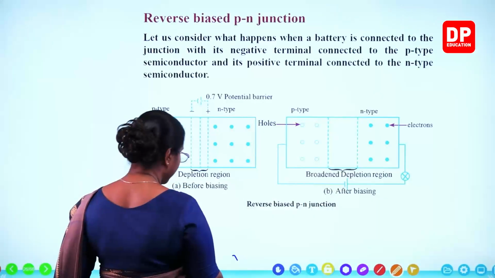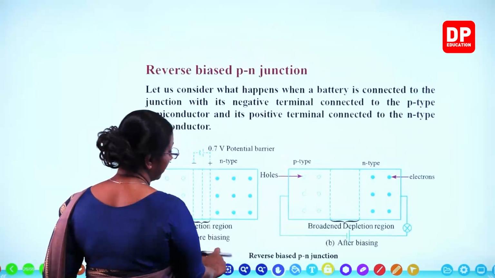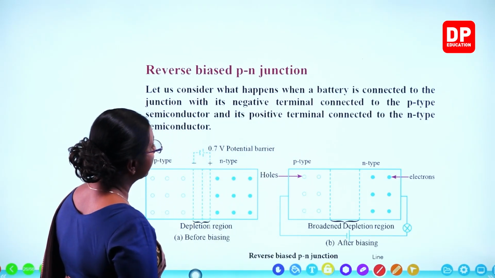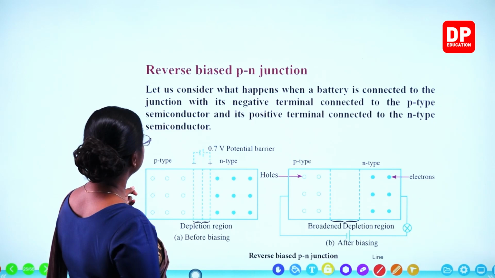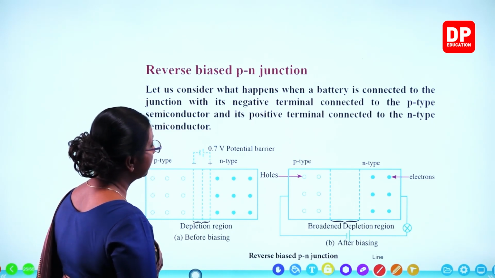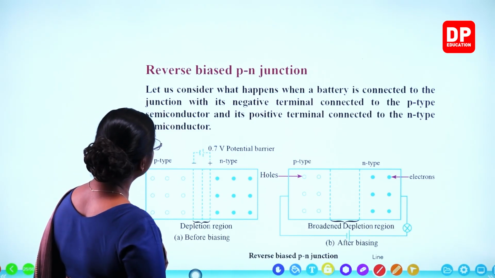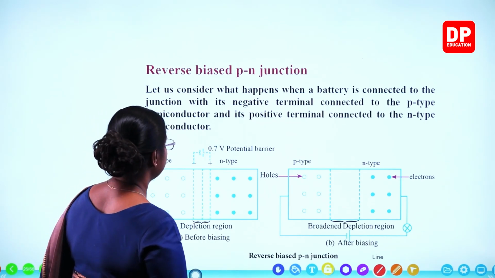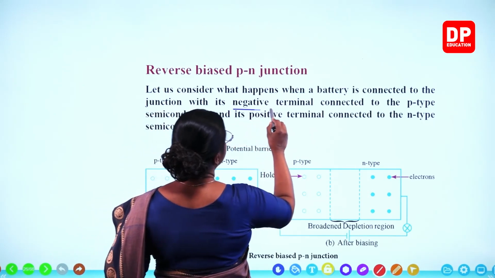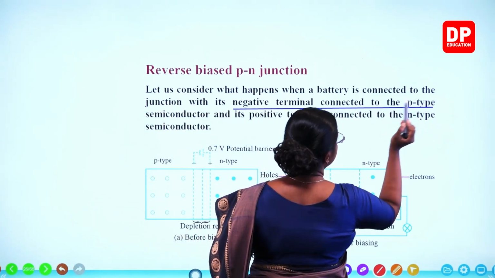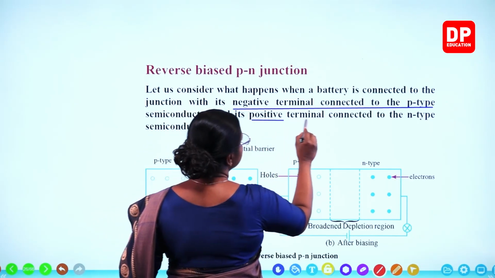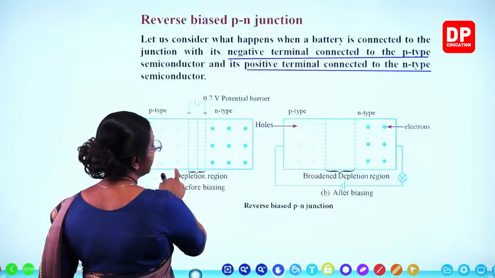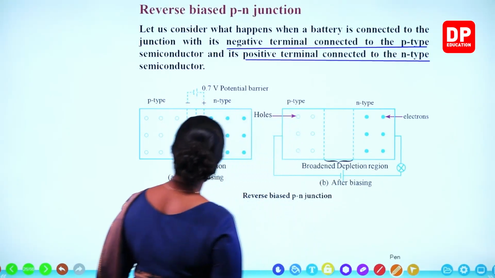Let us consider what happens when a battery is connected to the junction with its negative terminal connected to the P-type semiconductor and its positive terminal connected to the N-type semiconductor. So, this is what I explained to you all.